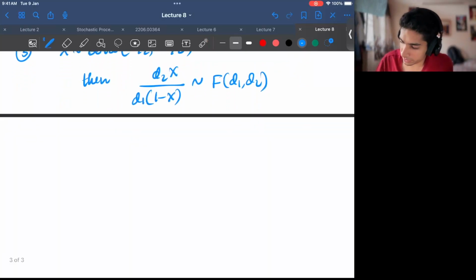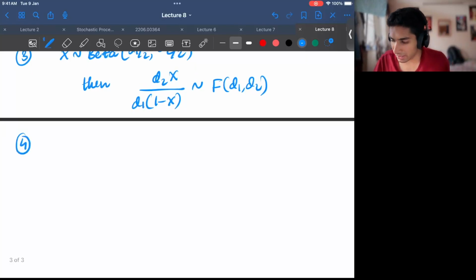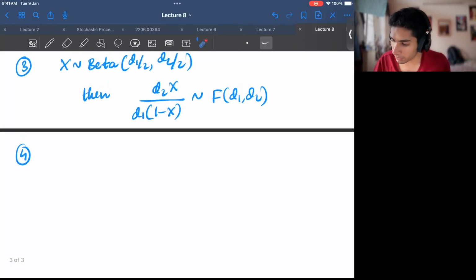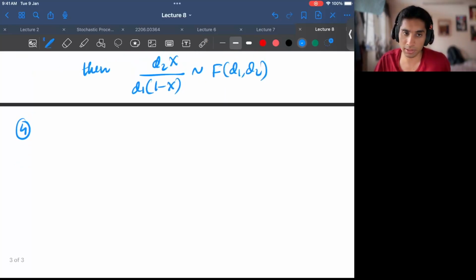So this property told us how to construct an F distribution random variable from a beta distribution. Can we construct a beta distribution random variable from an F distribution? Yes, it is possible.